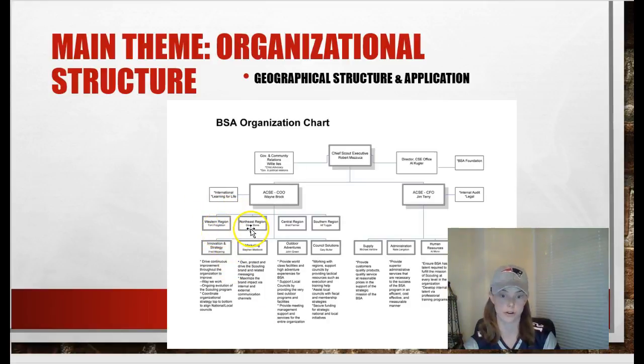So you've got your Western, your Northeast, your Central, your Southeast, and then within those regions, you will have your own almost autonomous structures. I use that word lightly because at the end of the day, there is some authority that has to get devolved back up to your board of directors, to your executive director. But for all intents and purposes, on the ground, each group is operating independently.